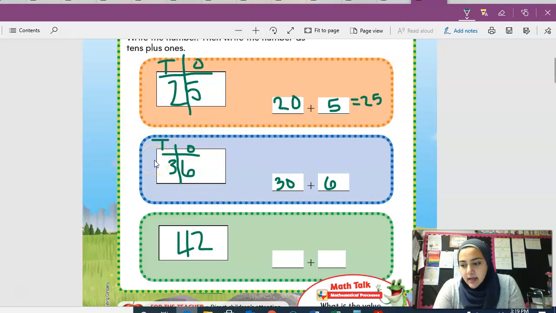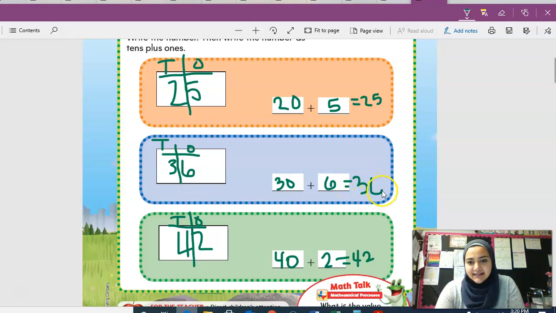All right, let's keep going. Ones, tens. So what are the tens? The 4, so that's 40. And what's in the ones place? A 2, so 40 plus 2 is 42.